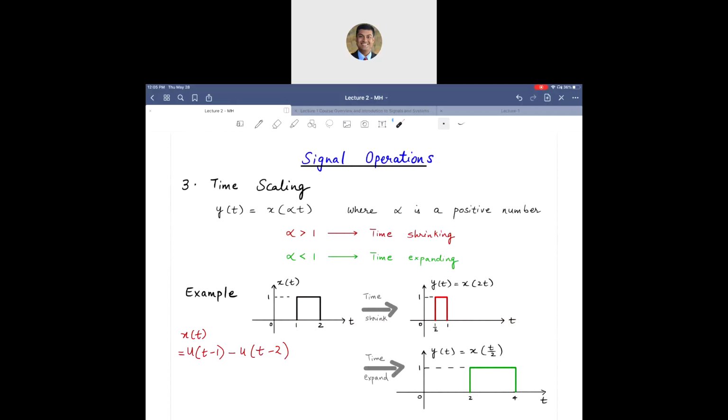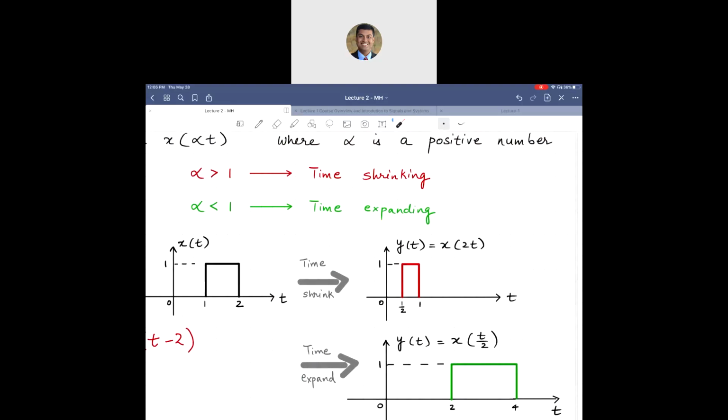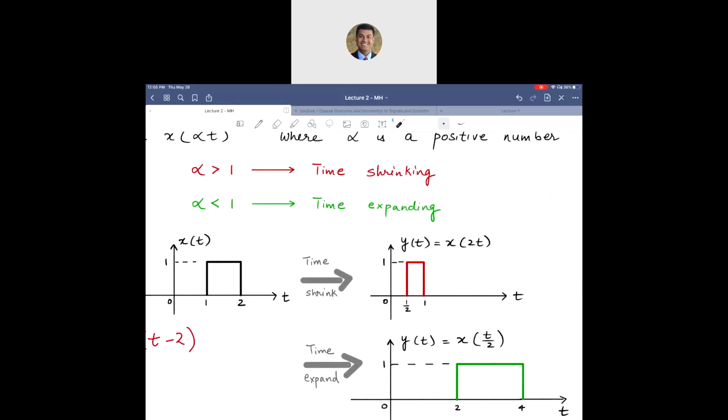Now, if you do a time shrink operation or a time expand operation on x of t, how does it look? So y of t, which is the time shrink version of x of t, is x of 2t. In this case, alpha is greater than 1. So what happens? It shrinks by a factor of 2. How do we know that? Plug in some numbers.